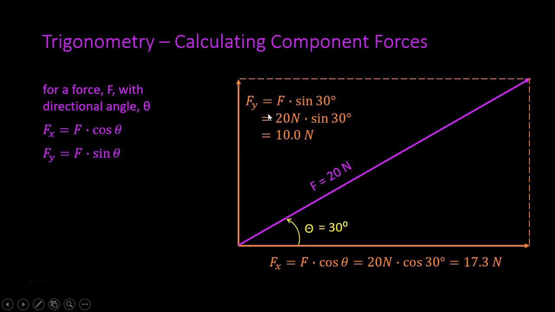For the y component, we also plug in 20 newtons and 30 degrees. However, we're using the trig function sine instead of cosine. We use cosine for the x component and we use sine for the y component.